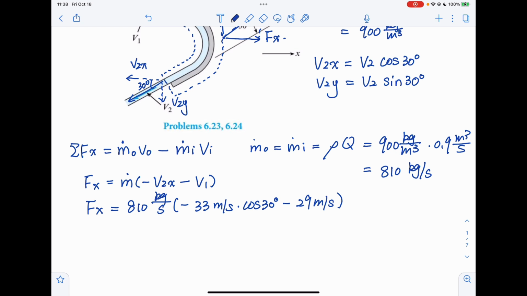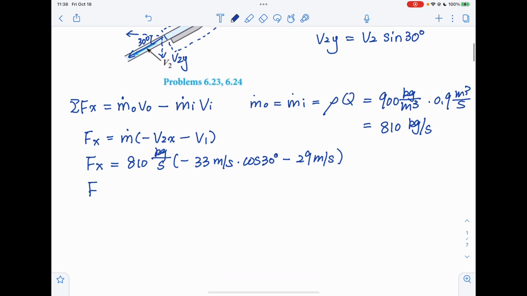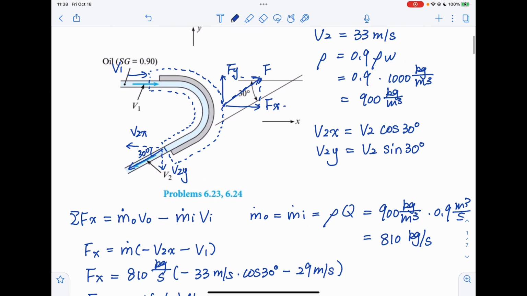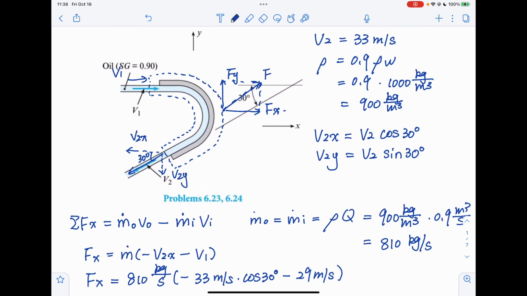Okay, so our Fx will equal negative 46.6 kilonewtons, and therefore the direction is to the left.